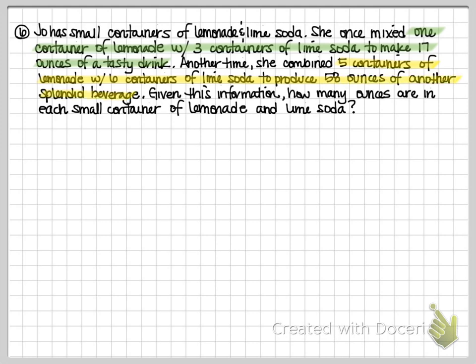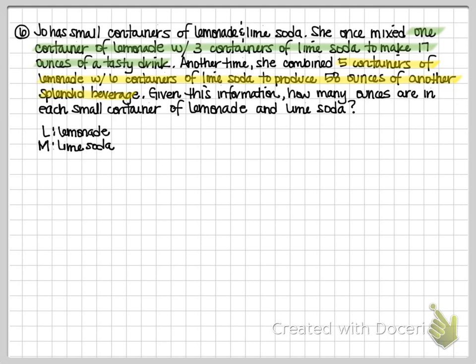Okay, so while we're going through and doing these, I think it's probably important to identify what variables we want to use. So I think I am going to do L for lemonade. And for lime soda, I think I'm going to go with M, only because of the M in lime. You could do X and Y, it doesn't really matter. You just need to make sure that you identify them.